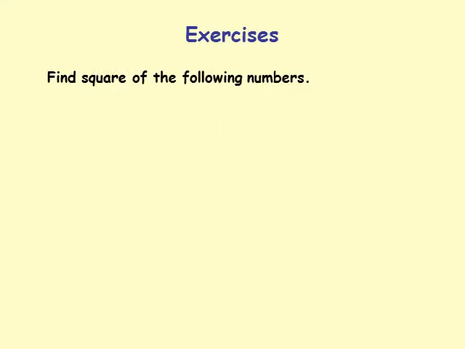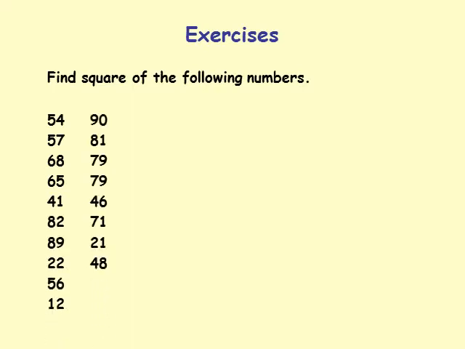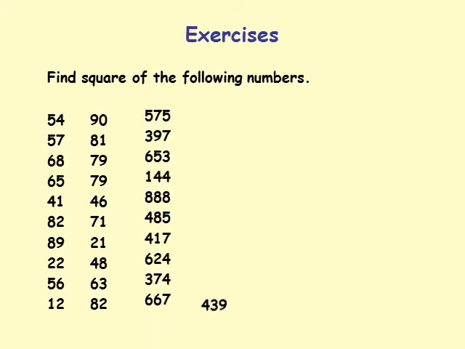Let's do this exercise now. Find the square of the following numbers. 54, now two digit numbers: 67, 68, some more. Now a three digit number, 575, and some more.